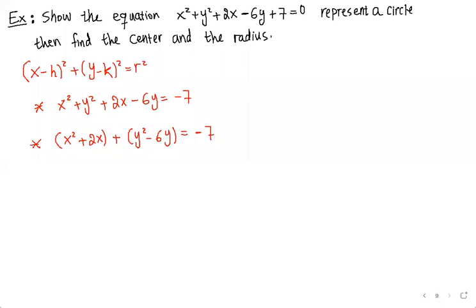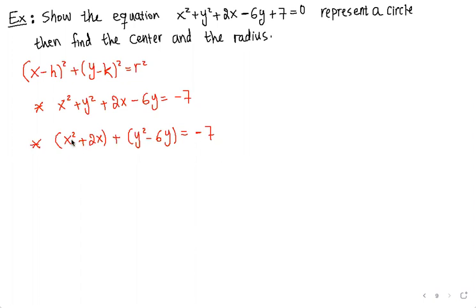So let me complete the square for the first parentheses and the second parentheses. To complete the square for this parentheses, we have to add to both sides of the equation b over 2 squared.